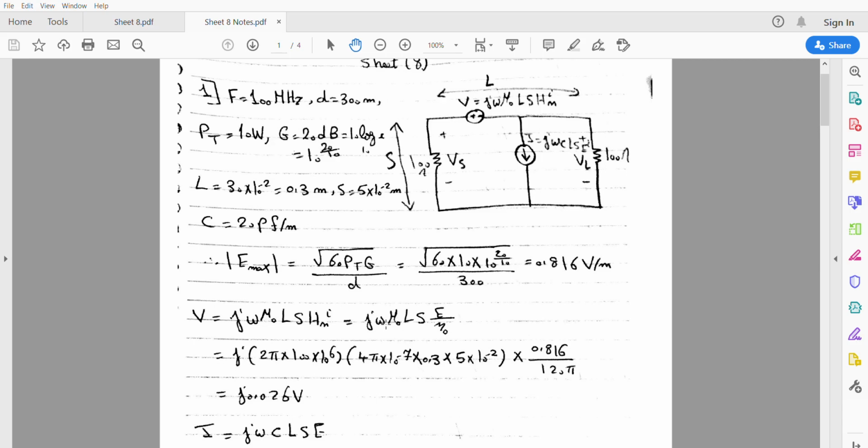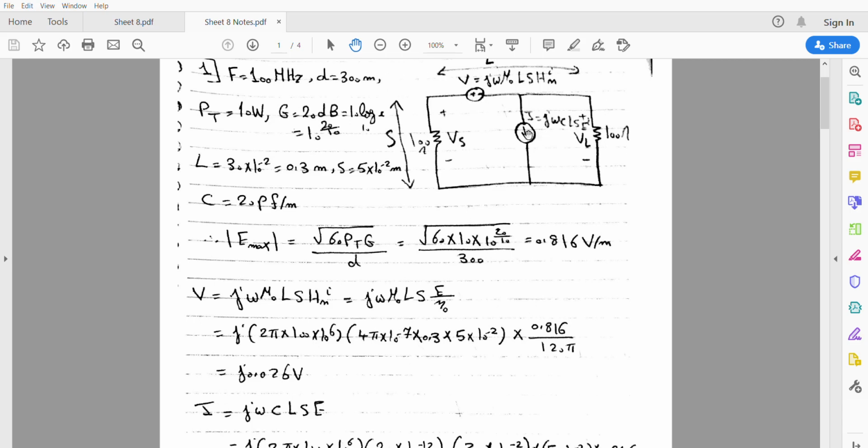By substituting omega equal 2 pi f, where the frequency is given as 100 times 10 power 6, and mu is known, equal to 4 pi times 10 power negative 7, multiplied by the length and the separation between them, you get a value of j 0.026 volt, which is the value of the voltage source.